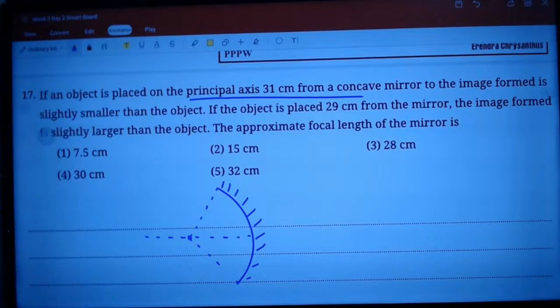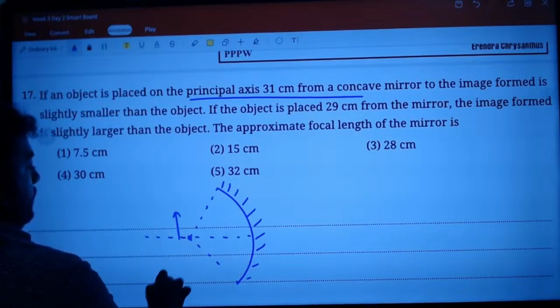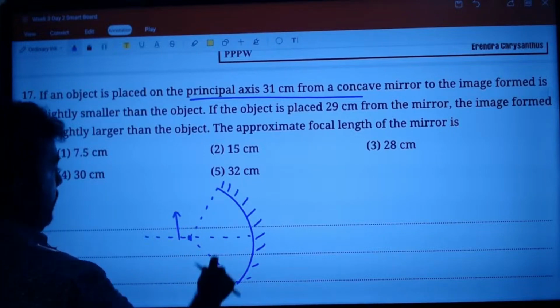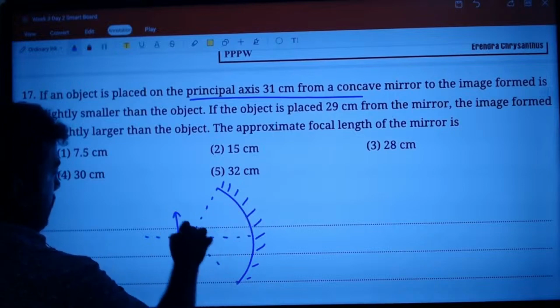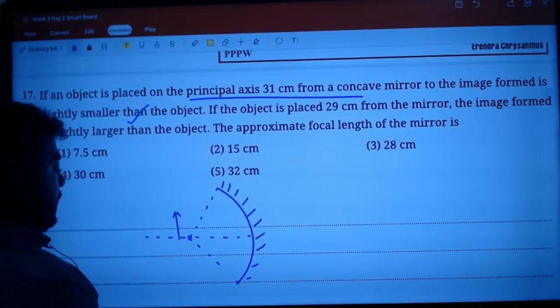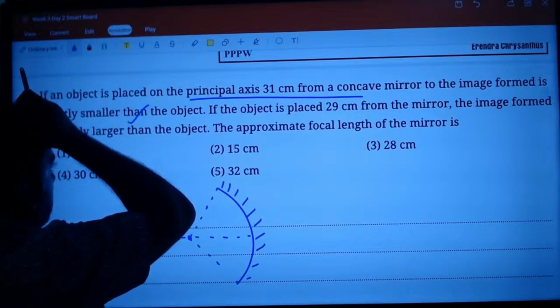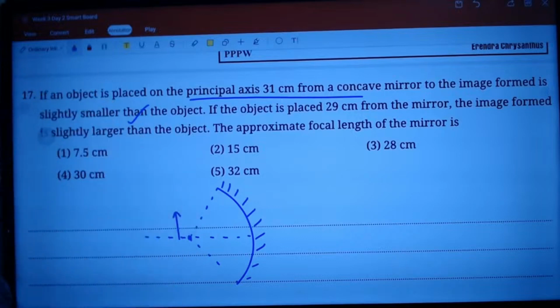If an object is placed on the principal axis 31 centimeter from the mirror, the image is found to be smaller. If the object is kept closer, the image is larger. What is the approximate focal length?